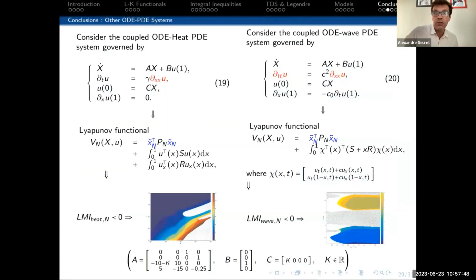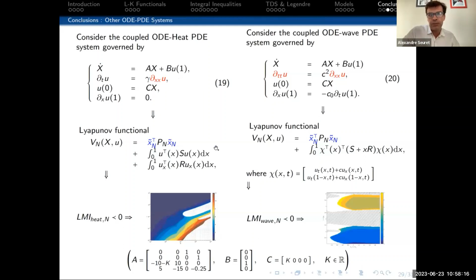We have also done other extensions to the case of ODE systems that are coupled with different PDE systems. I just showed a couple of examples on the heat equation and wave equation. And actually, the process is almost the same. You have an ODE system that is connected to a PDE with some particular boundary conditions.